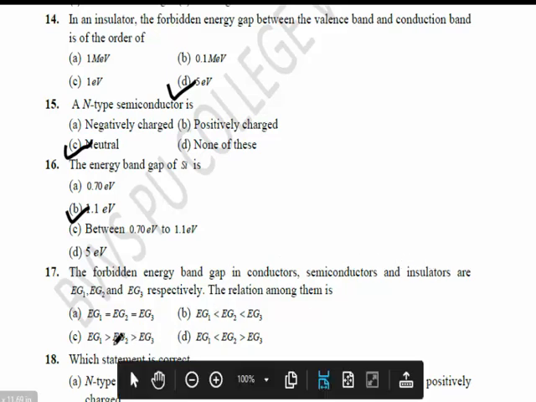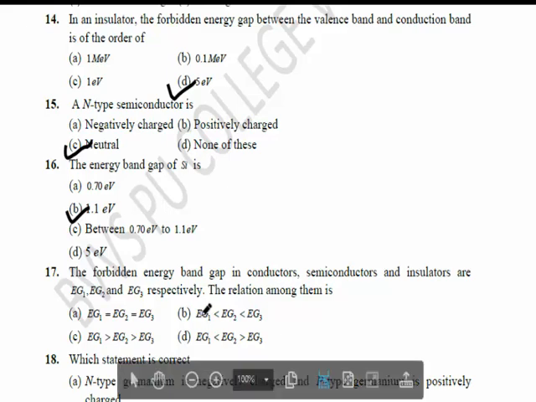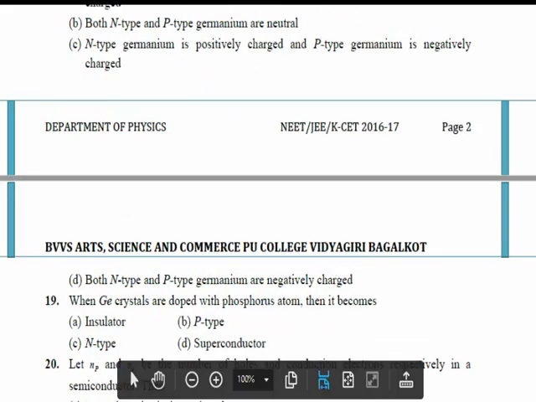Means Eg1 is less than Eg2, Eg2 is less than Eg3. So the best option is B: Eg1 less than Eg2 less than Eg3. Okay, let's move to the next question.